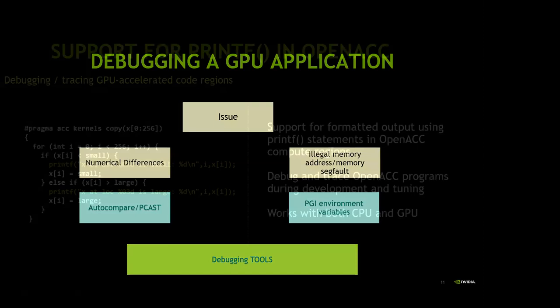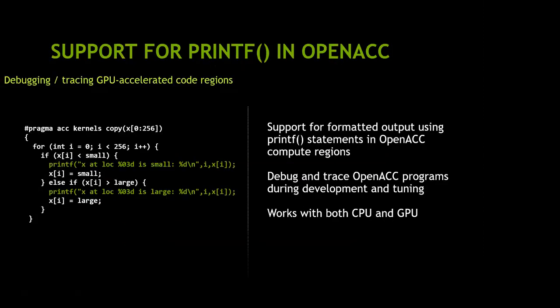So the first debugging tool, the most universal tool, is printf, or print in an OpenACC section. I think this is something that a lot of people are still doing today: just print the value of your data, just to understand what's going on.